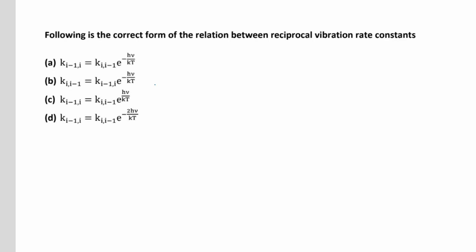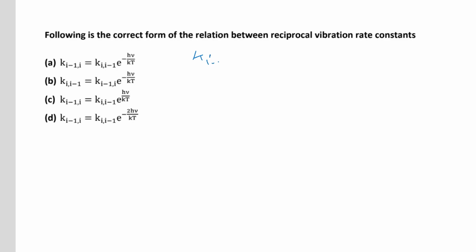Option C: k(i-1,i) equals k(i,i-1) e to the power h nu upon kT. Option D: k(i-1,i) equals k(i,i-1) e to the power minus 2 h nu upon kT.